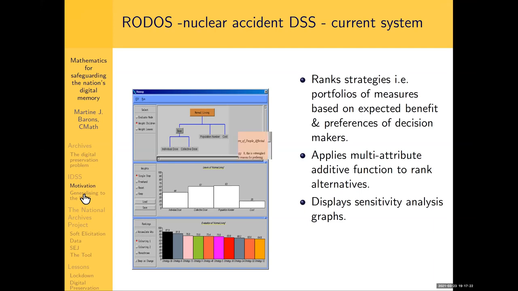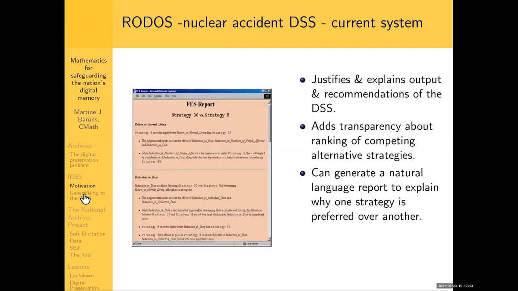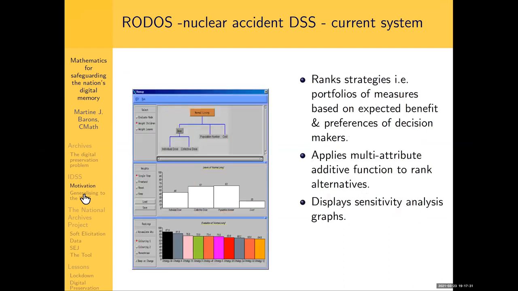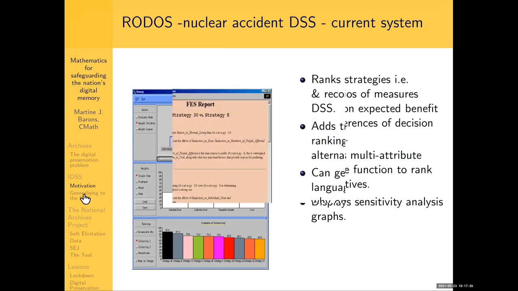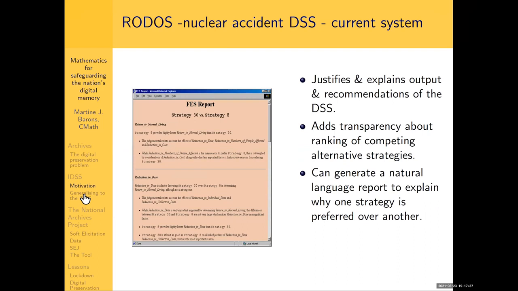They also had a natural language output. So given the black and the grey on the far left with the highest ranking, there's a natural language comparison of these two that tells you why one is preferred to the other.